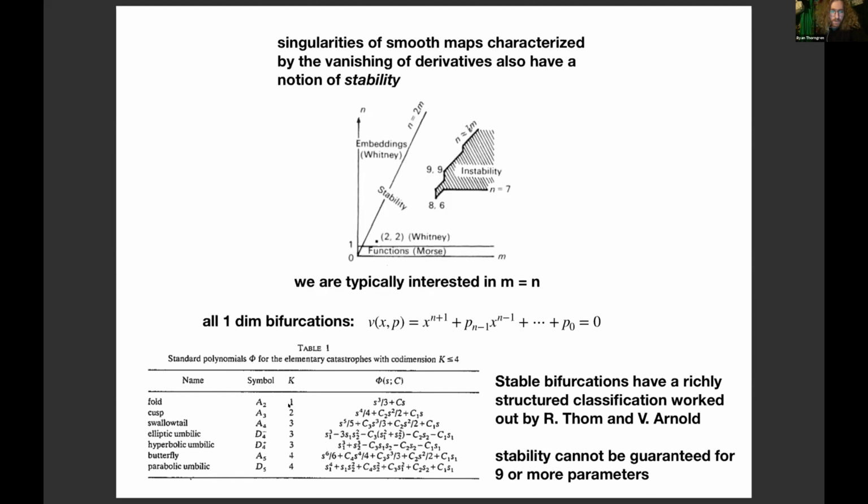Here's the codimension 1, 2, 3, 3, 3, 4, 4. So this is a very useful set of data. And this was also one of the things that got people very excited about catastrophe theory, because not only could you understand discontinuous phenomena, but you had a classification of them.